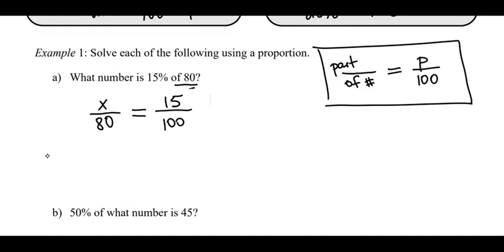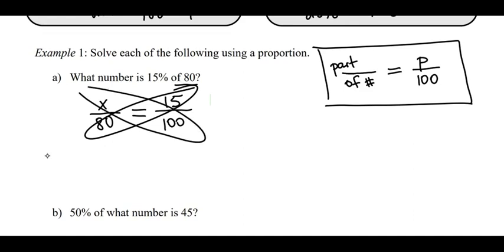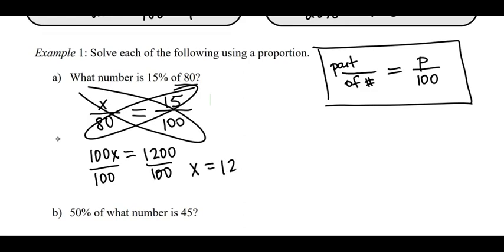Then we're going to use our cross product. We have 100x equals 80 times 15, which turns out to be 1,200. Then we divide everything by 100, and x equals 12.